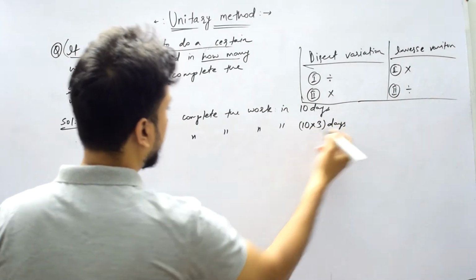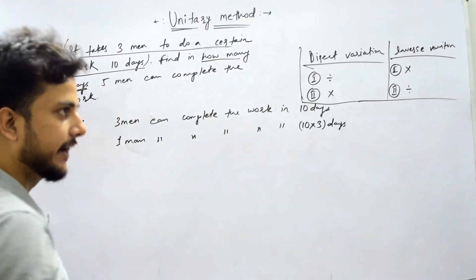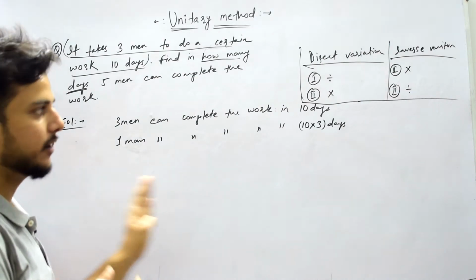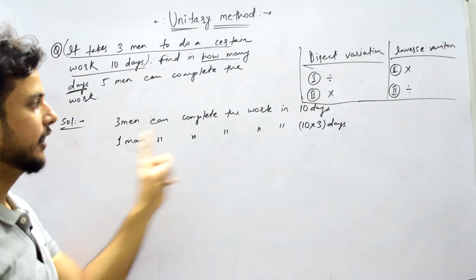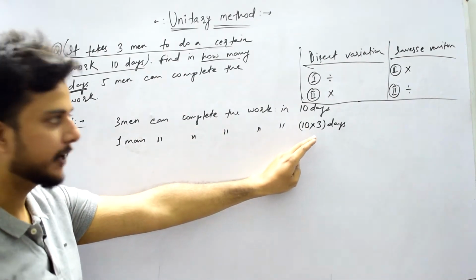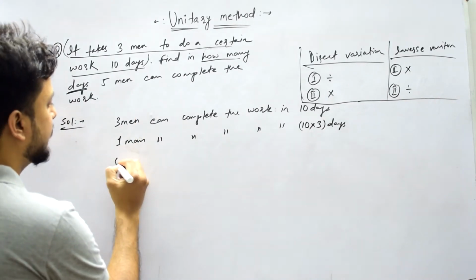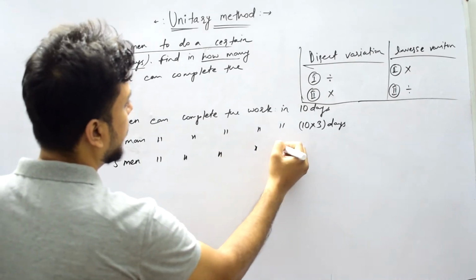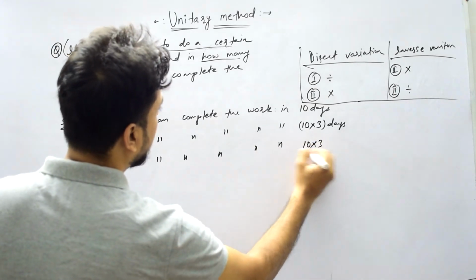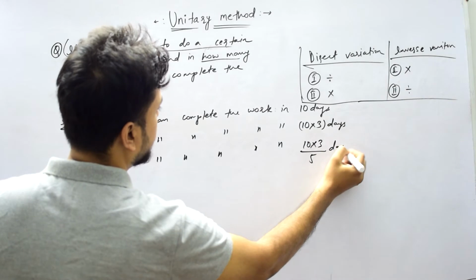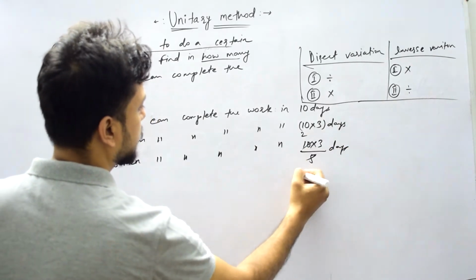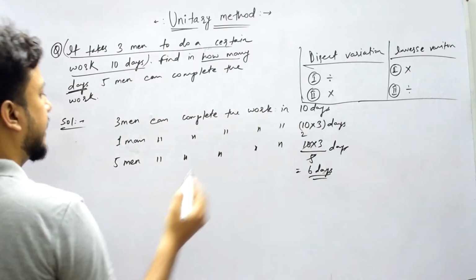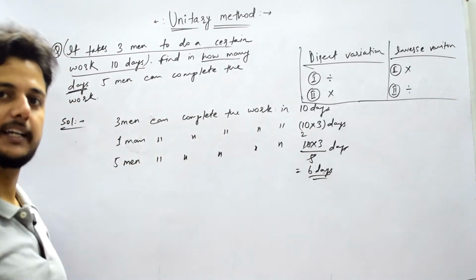Obviously, if 3 men can do it in 10 days, and the number of men reduces to 1, this one man will take more than 10 days. Therefore 5 men can complete the work in 10 into 3 by 5 days. The 5 cancels, so 6 days is my answer. So 3 men can do it in 10 days, and 5 men can do it in 6 days.